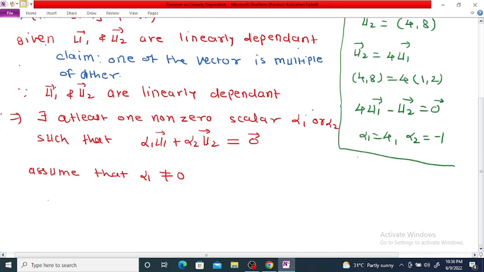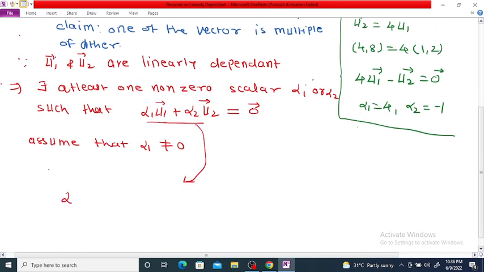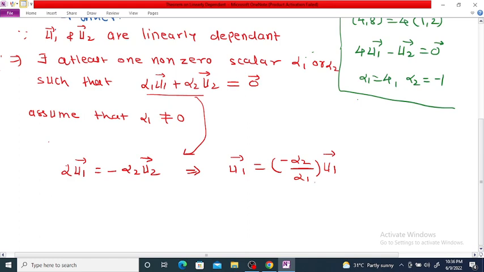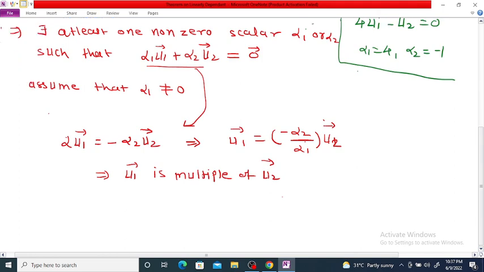Now if alpha 1 is not equal to 0, then we can write this equation as alpha 1 u1 bar is equal to minus alpha 2 u2 bar, and from this we can write u1 bar is equal to minus alpha 2 divided by alpha 1 times u2 bar, and this implies u1 bar is a multiple of u2 bar. Now we are going to prove the sufficient part.